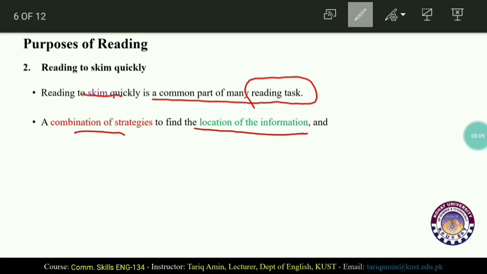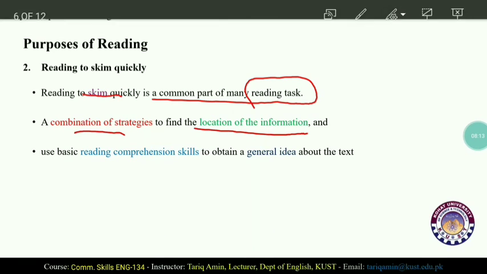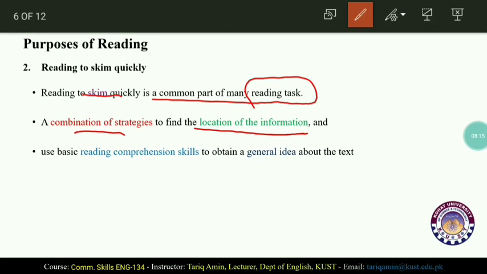First of all, you locate your information, and after that you use your different reading comprehension skills. We all have some reading comprehension skills, and we apply those skills to obtain a general idea about the text.